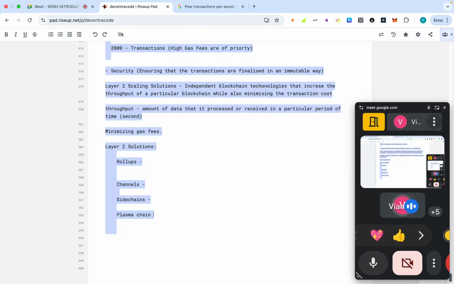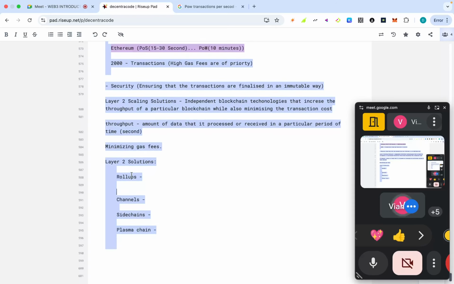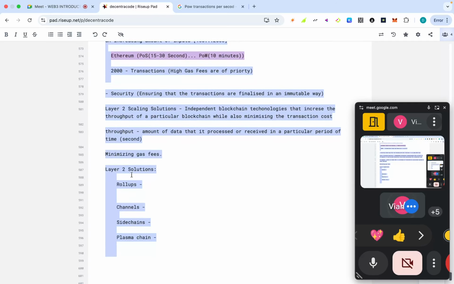Let me start with rollups, because they're the commonest. Earlier on, Ronnie was telling us of a ZK SNARK. And like we're going to see, there are two types of rollups.